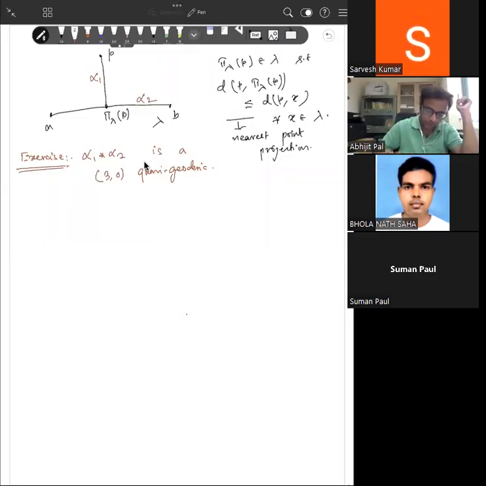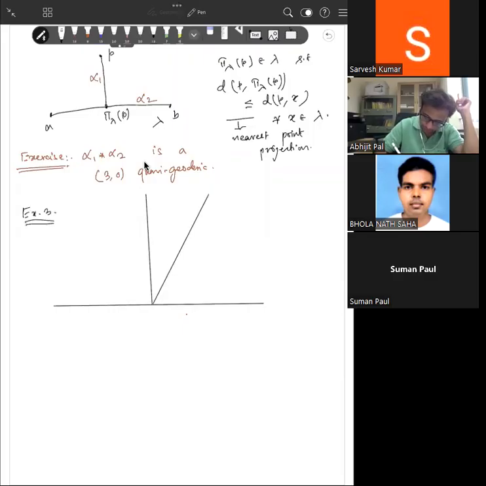Another example. In the upper half plane with the hyperbolic metric, take the imaginary axis and take any line which is making an angle theta with the imaginary axis.